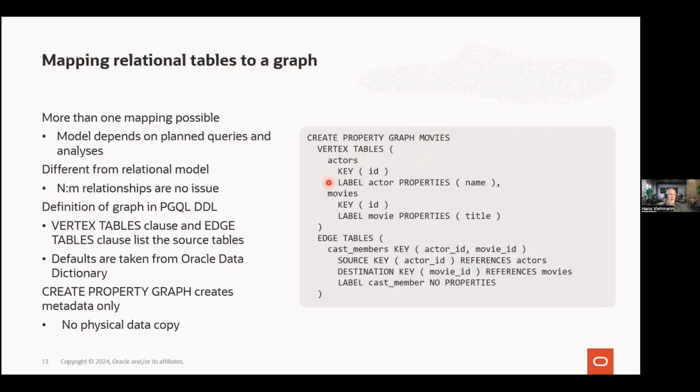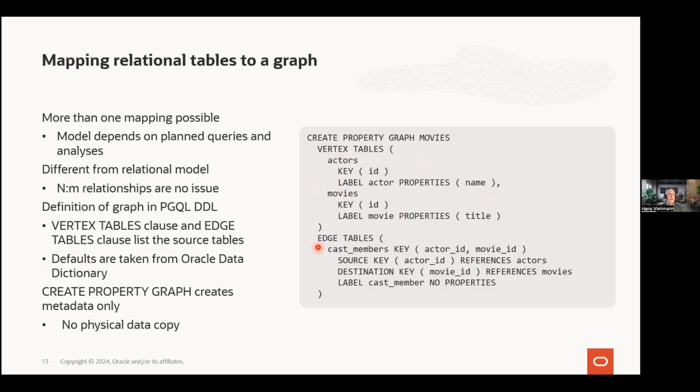We have the actors table, which gives us all the vertices which have a label actor and property name, as well as the movies table, where every vertex coming from that table gets the label movie. And as a property, we have the title.